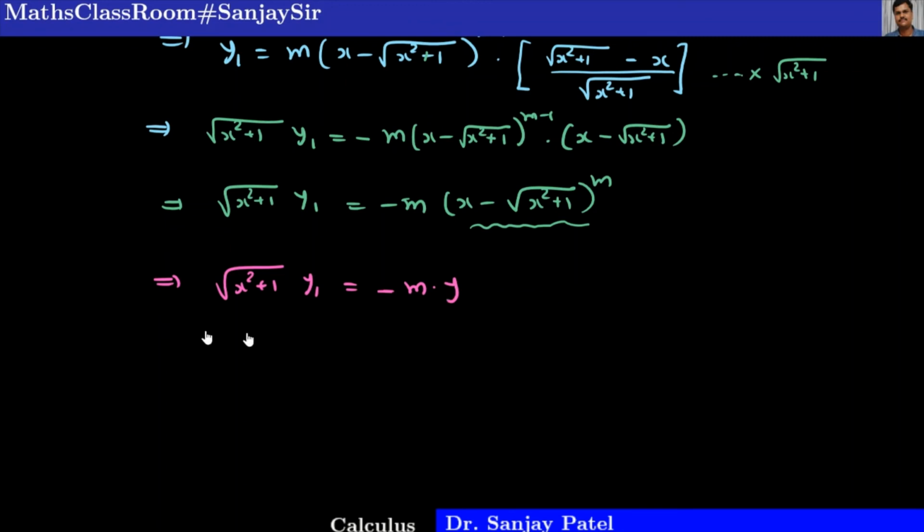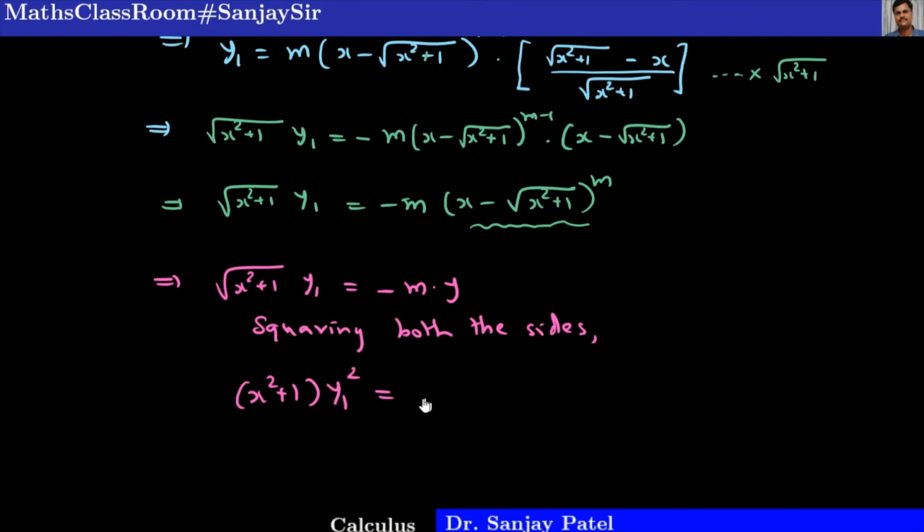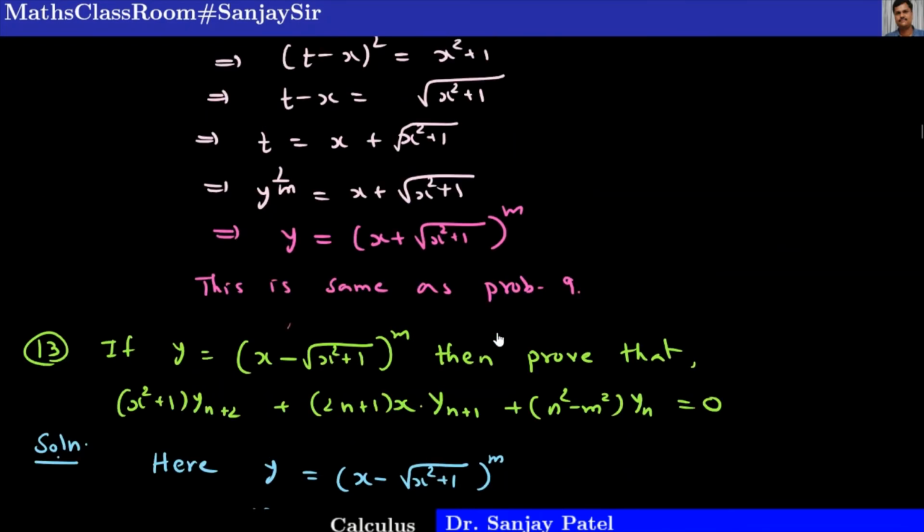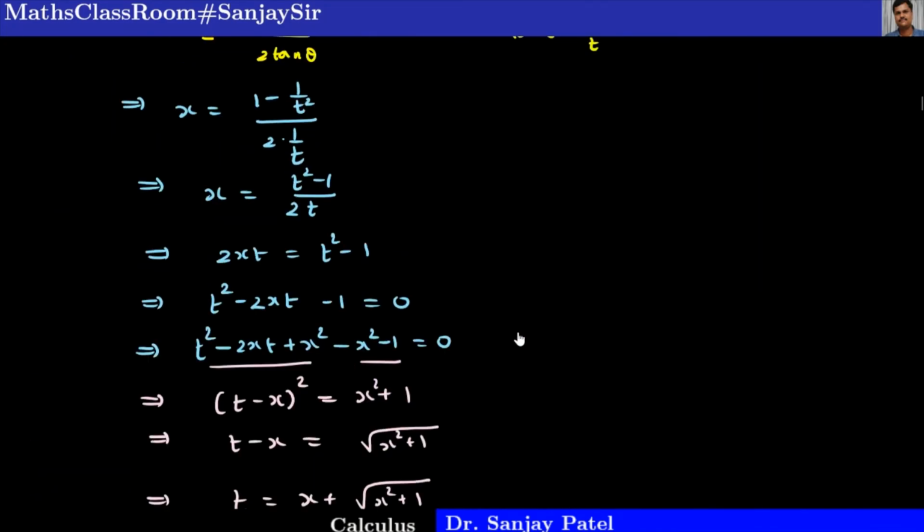Now squaring both the sides, we get (x square plus 1) into y1 square is equal to m square into y square. So this result star is same as the result in our first problem, that is problem number 9.